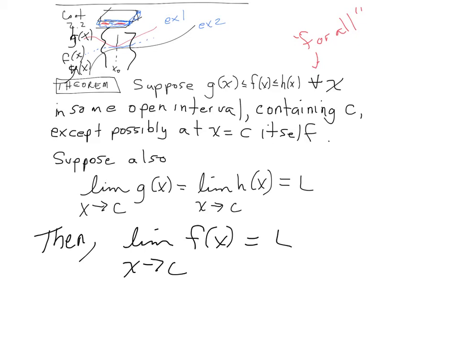I see the graph better: a limit says, as I'm getting close to this value, what is my function doing? Well, if f of x is sandwiched in between them, then they're all getting near the same value.